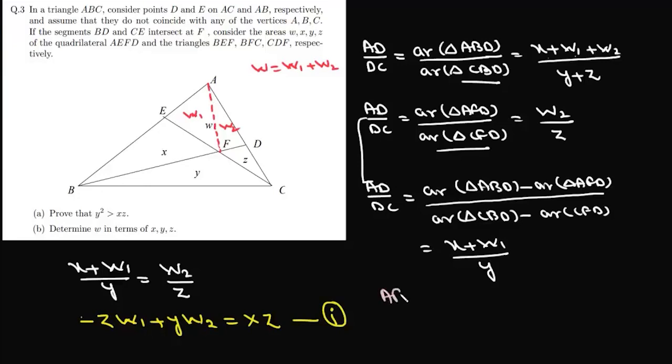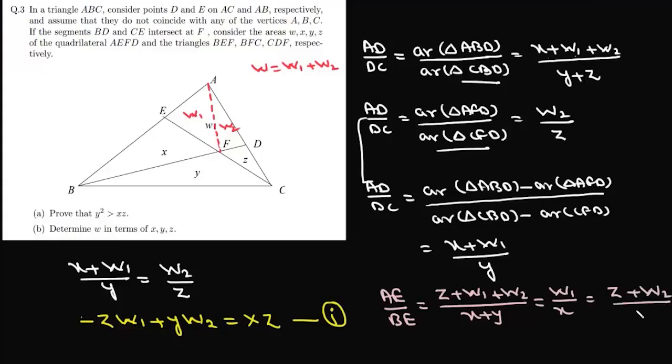So we can write AE upon BE, and that is equal to area of this triangle AEC, and this AEC will be Z plus W1 plus W2, upon this area, which is X plus Y, and it is also equal to the ratio of this area AFE and BFE, which is W1 by X. And again, using properties of ratio, we can subtract these two. So it is equal to (Z plus W2) upon Y.